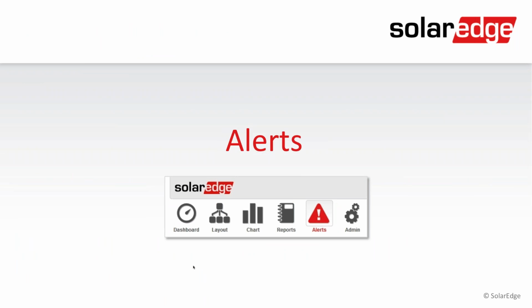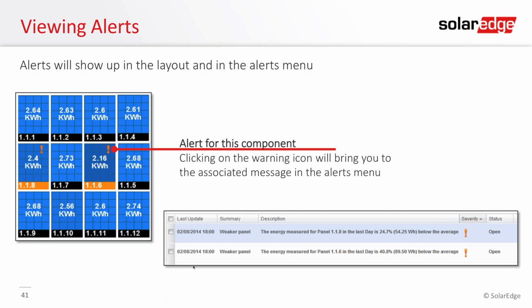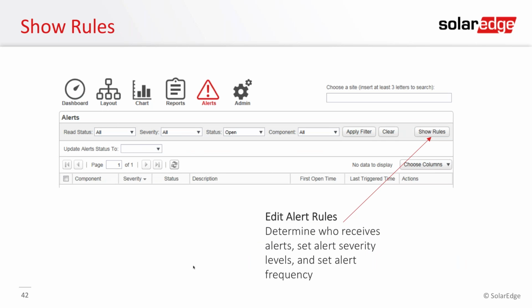Okay, alerts. I know we're running out of time, so I'm going to move very quickly through alerts. You can view alerts under both the layout and alerts menu. But I think the question that I received the most is, how do I set up my alerts? Well, if you click on the alerts menu, there's a little button here that says show rules.